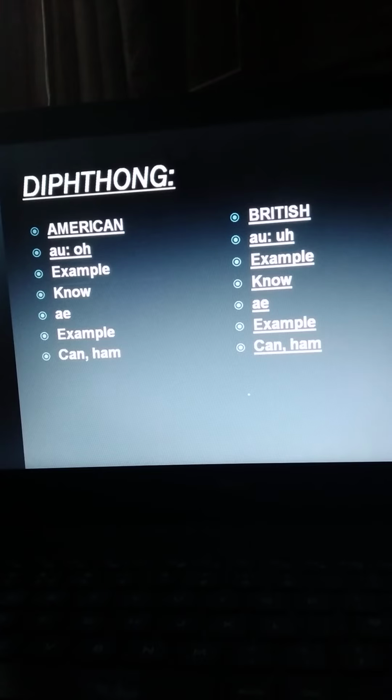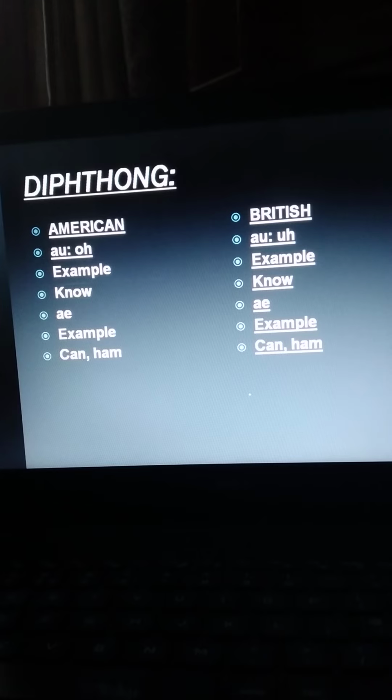Buffet follows the same pattern. Address, route, advertisement, either, neither: the British and American pronunciations differ.